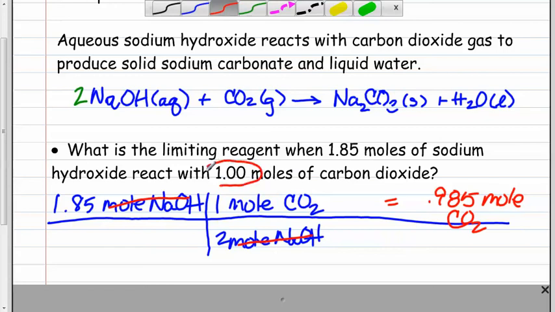You have 1 full mole of carbon dioxide, and if you use this whole 1.85 moles of sodium hydroxide, you'd only need 0.985 moles of carbon dioxide. Do you have that much? Yes, and extra. Therefore, carbon dioxide would be your reagent in excess, and sodium hydroxide would be your limiting reagent.